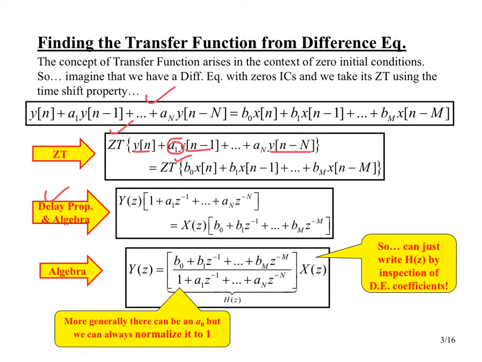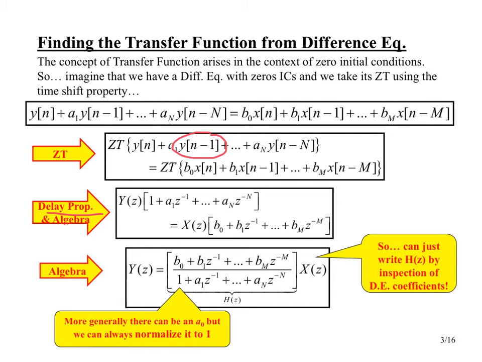Then for each one of these terms, let me get rid of some of this stuff here. Just a second, bear with me. Okay, so for example, once I take the z transform of this and apply the delay property, I'll get z to the minus 1 times Y of z.